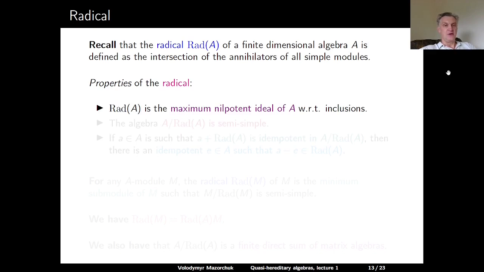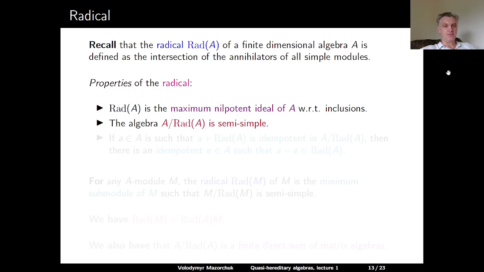First of all, the radical of A is the maximum nilpotent ideal of A with respect to inclusions. So the radical of A is a nilpotent ideal of A, and any other nilpotent ideal of A belongs to the radical.